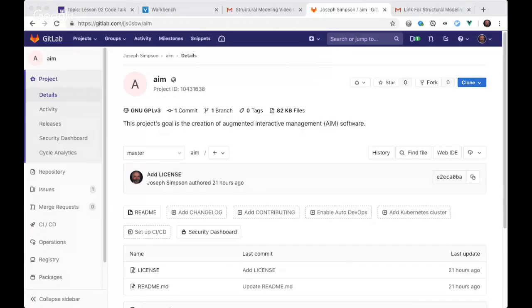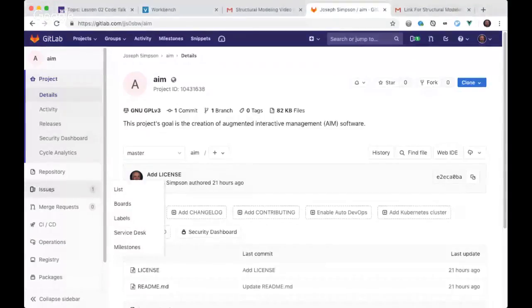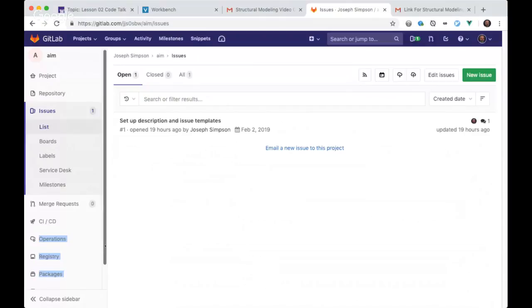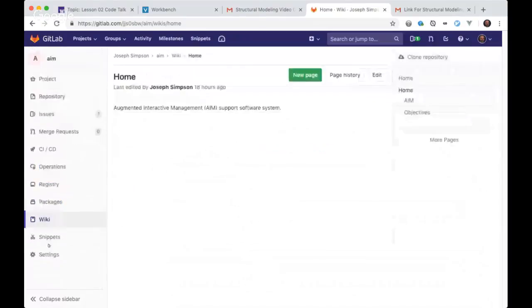I have done a simple set description and issue templates for this group. I also have a wiki.